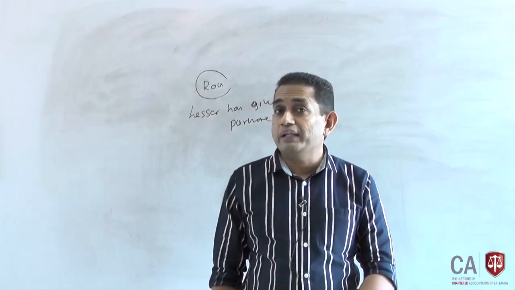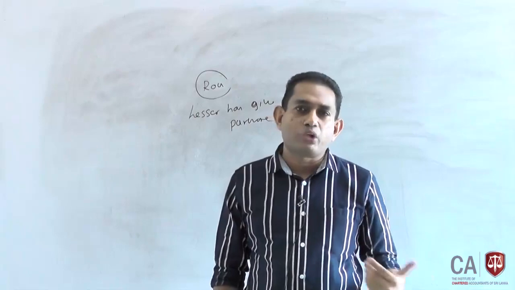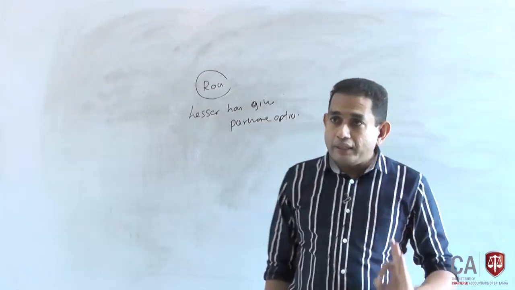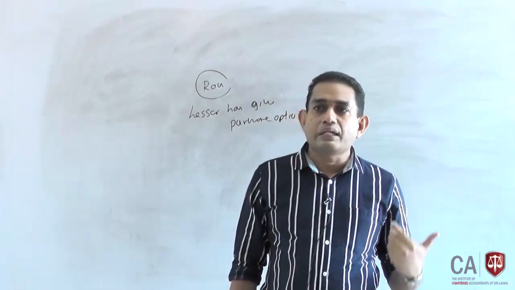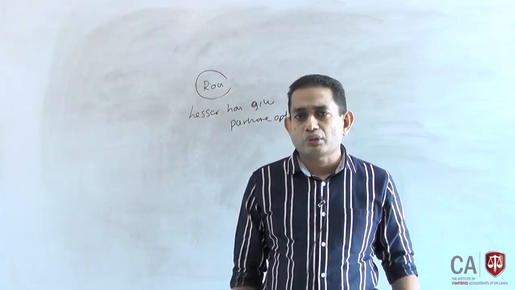You must remember that the examiner can start checking on these tiny points, and that will carry a lot of marks in the exam. Where the lessor has granted a purchase option to the lessee, that will never be considered a short term lease.